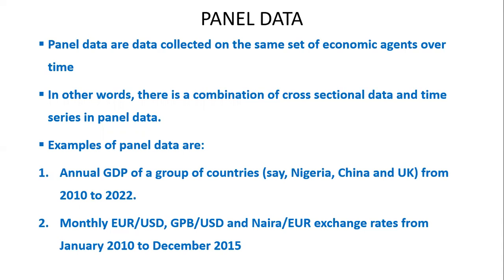Examples of panel data are: one, annual GDP of a group of countries, say Nigeria, China, and UK from 2010 to 2022. Two, monthly Euro-US dollar, British pound-US dollar, and Naira-Euro exchange rates from January 2010 to December 2015.